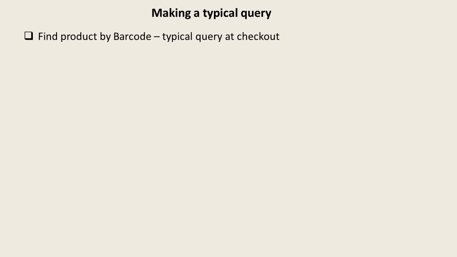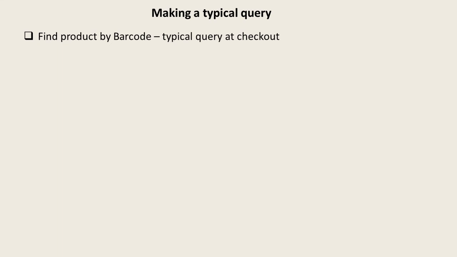As you remember, a database is all about running queries. Some queries are the most important ones for our business, and some other queries are less important. So what do you think is the most important, most frequently executed query in this situation? I think it would be a query which finds a product by barcode.